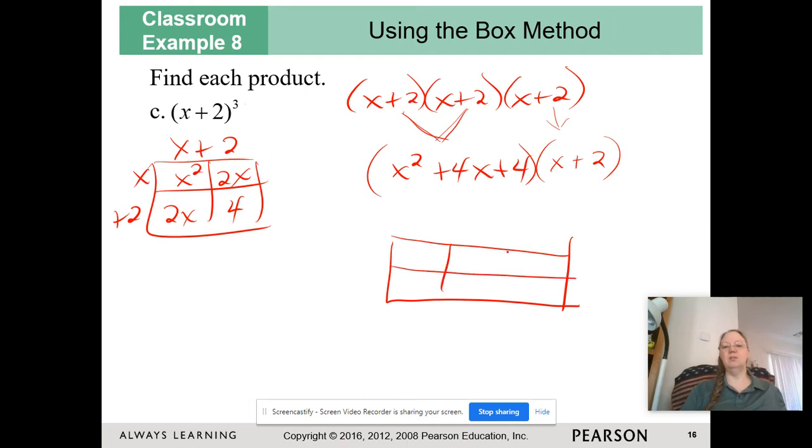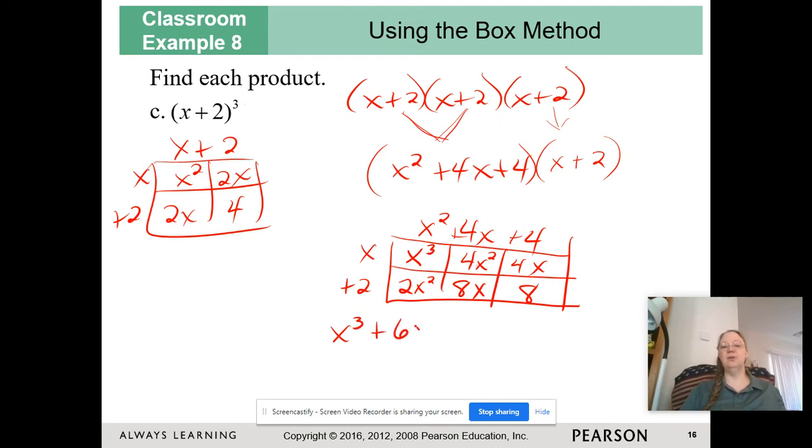I'm going to use the box. So here's my x plus 2, x squared, 4x, and 4. So x times x squared is x cubed. 4x squared, x times 4, 2 times x squared, 8x and 8, and then combine like terms. x cubed, 6x squared, 12x plus 8.